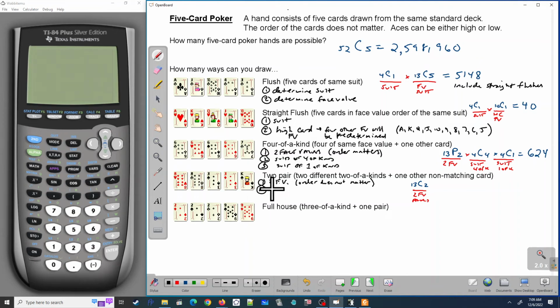I have to choose my suits for each pair. But here, order does not matter as well, and I have to reset my suits when I get to my second pair, because I could have gone hearts, clubs, and then I could have gone again, clubs, hearts. But it could have been hearts, clubs. It wouldn't have made a difference because that order doesn't matter.